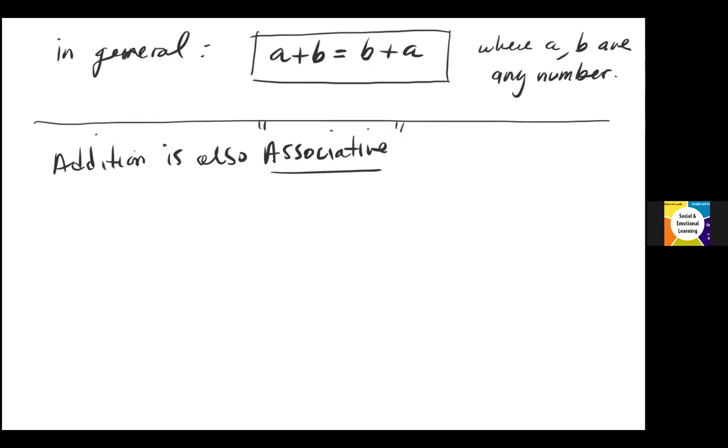And what that means is we can group numbers together when we have a long string that are being added together. So we could say, if I had something like 2 plus 3 in brackets plus 4, this is equal to 2 plus 3 plus 4.